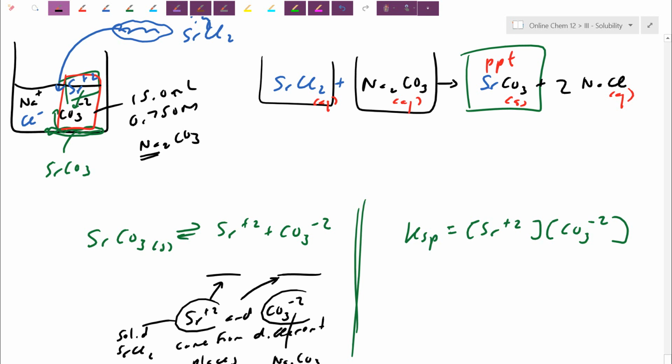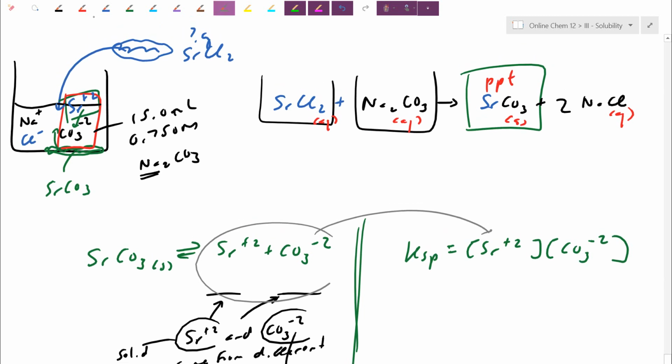So in this question, there's no reason why these would follow the mole ratio. What that says is I need to actually calculate these two numbers by themselves. Once I have these two numbers, you're more than welcome to just calculate KSP, which is what they're interested in. Okay, so let's do the easier one first. If I have sodium carbonate, the concentration is 0.750. So let's take sodium carbonate.